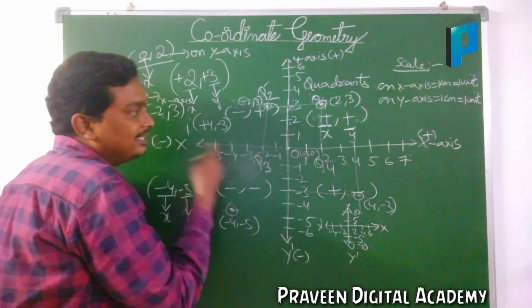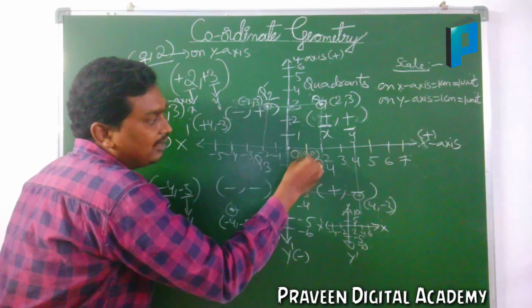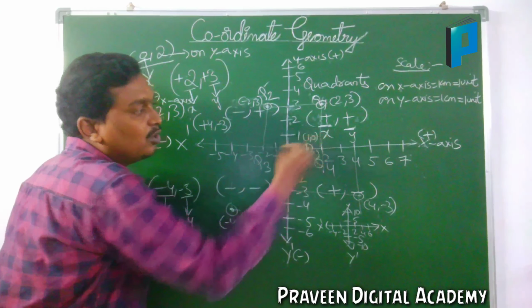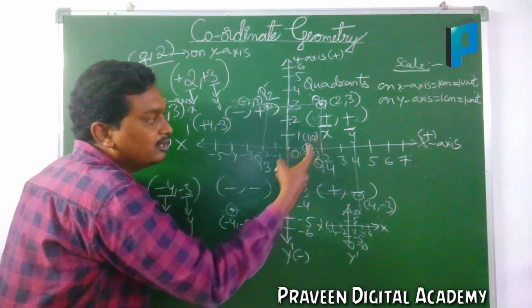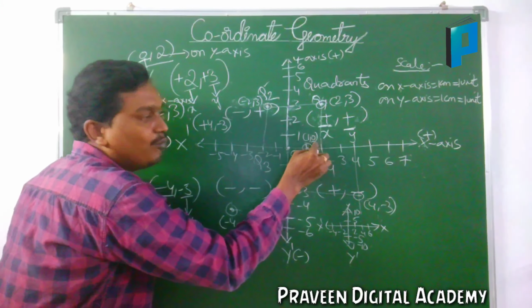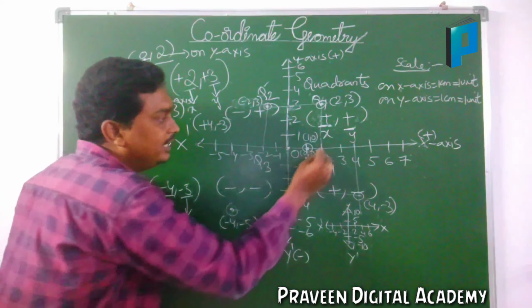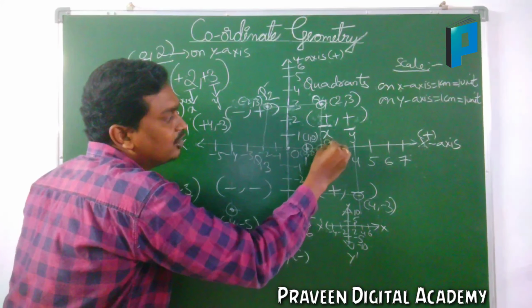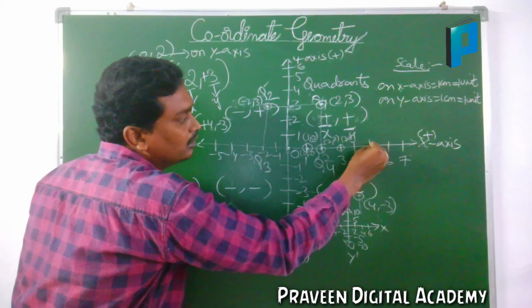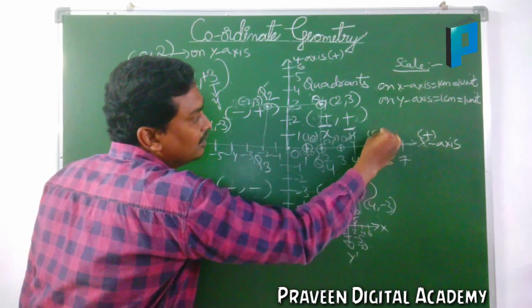This is the x axis. Here this position is 1. What can we call this point? We say 1, 0. Why 1, 0? The point is on the x axis, so the y coordinate should be 0. This point we can say as 2, 0. This point is 3, 0. This point is 5, 0.